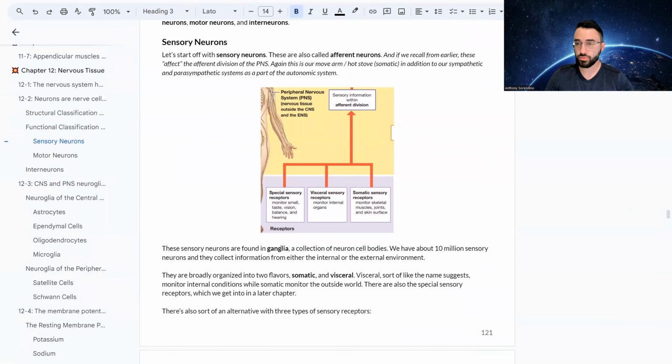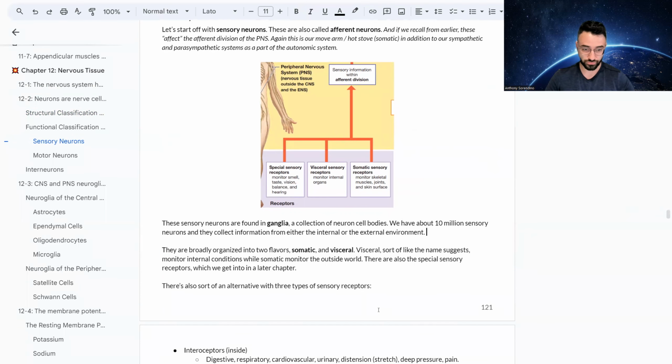They're found in ganglia, which are like these clumps of neurons. We have about 10 million of these, and they collect information from either the internal or the external environment. They themselves are either somatic or visceral. So visceral are the internal, and somatic are external.